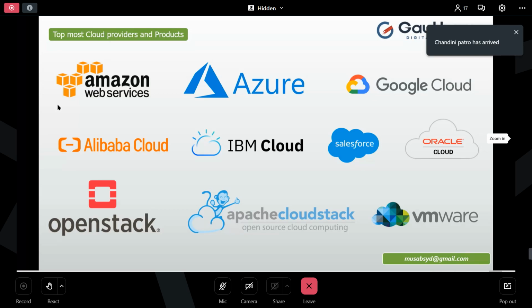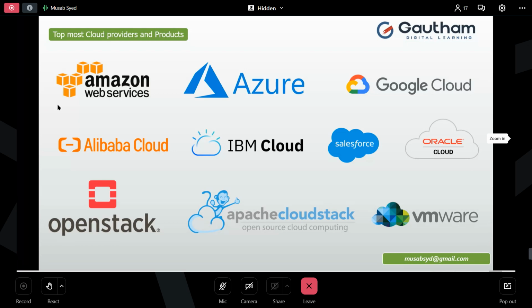Some features are very nice in Amazon, some features are very good in Azure. So there is always a neck-to-neck fight. Like you see, which car is better? Somebody says Hyundai's cars are very nice. Somebody says Honda's car. Somebody says Suzuki. In some segments they are good, in some segments others are good. But all are working fine.